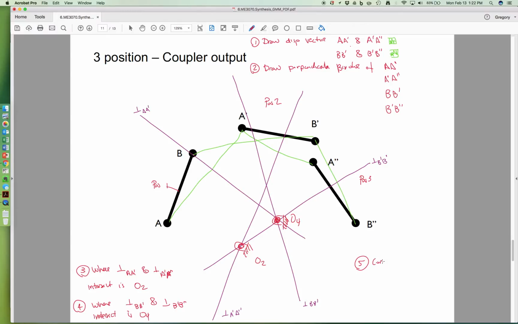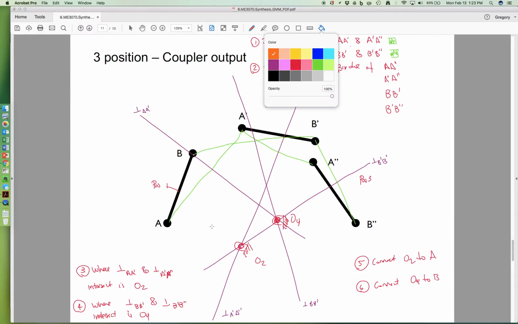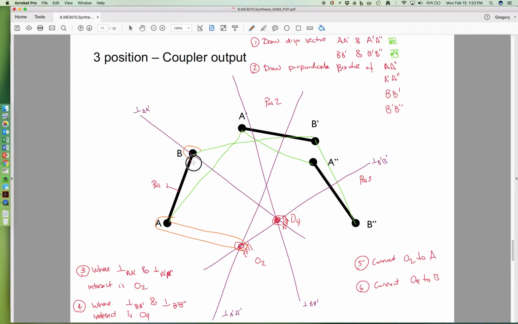Step 5 is to connect O2 to A, and step 6 is to connect O4 to B. So I'll draw my links in orange, and what we have is here and here.